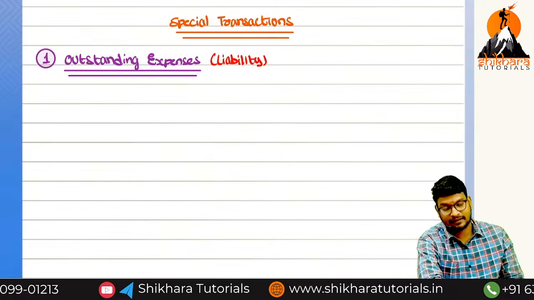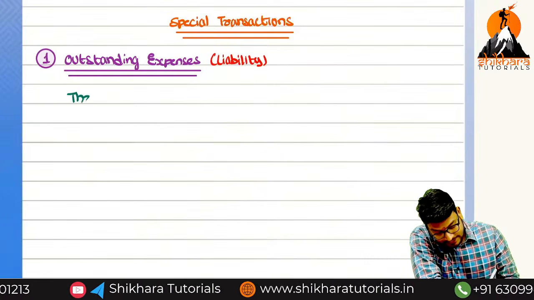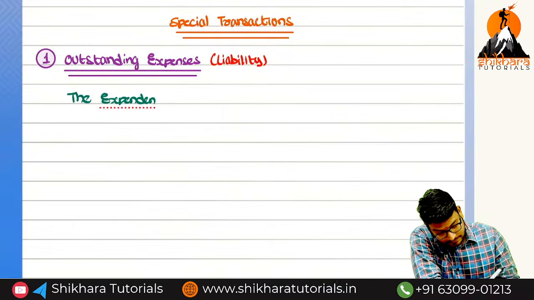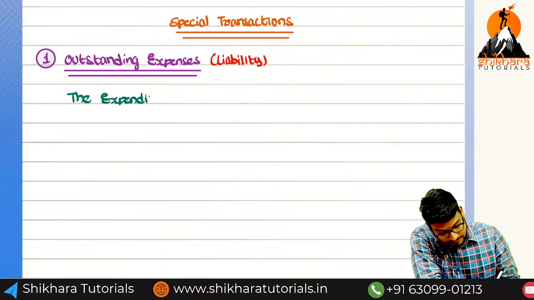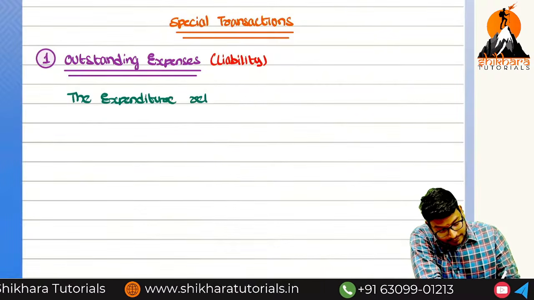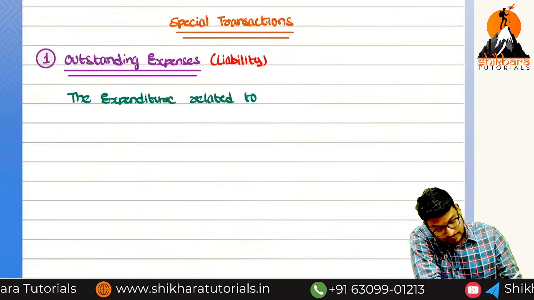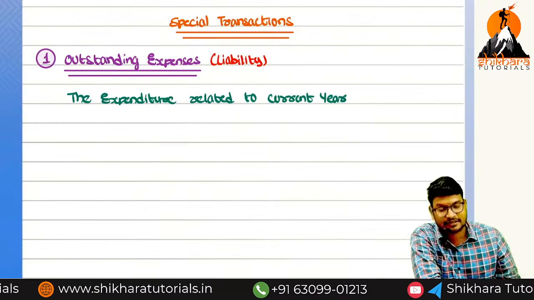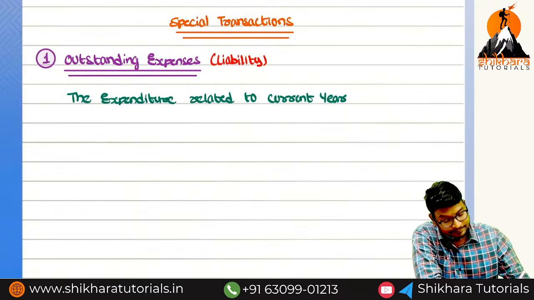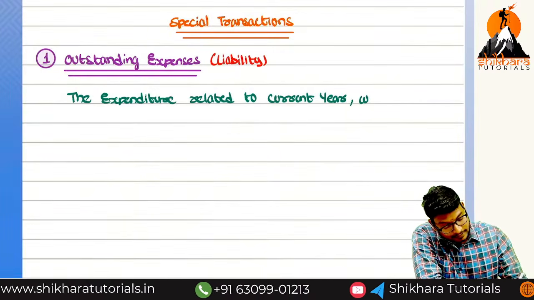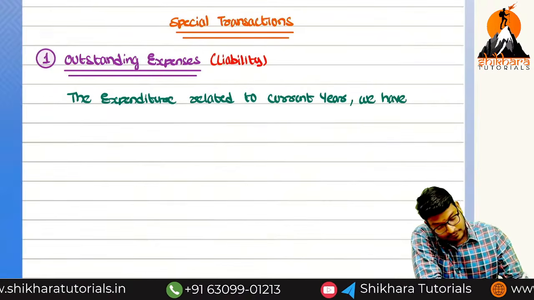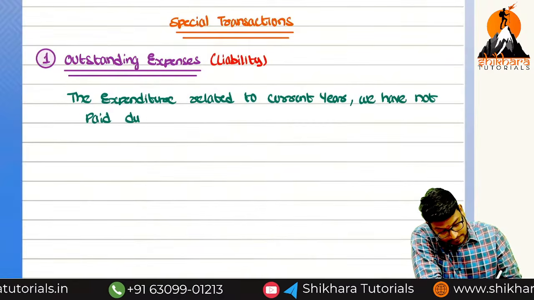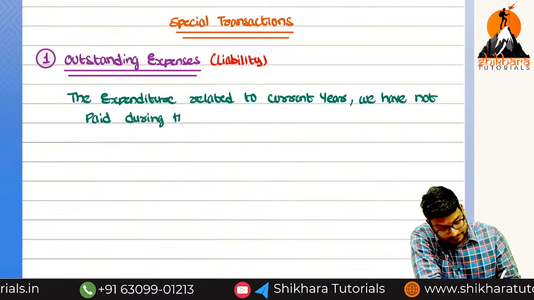So the meaning is nothing but the expenditure related to the current year, comma, we have not paid during the current year.